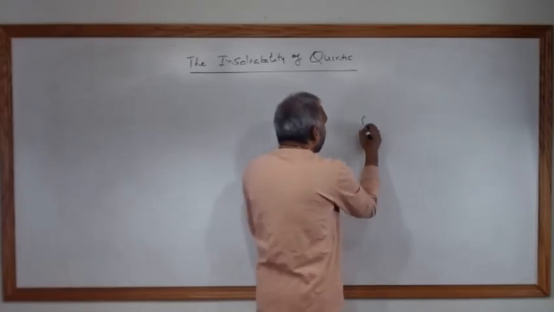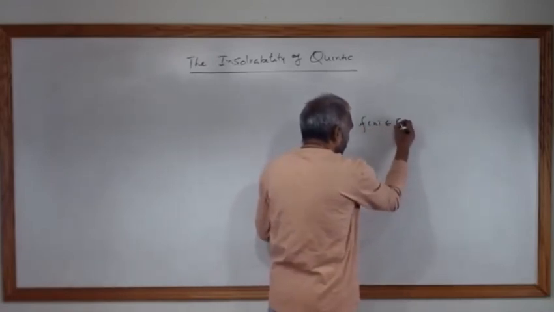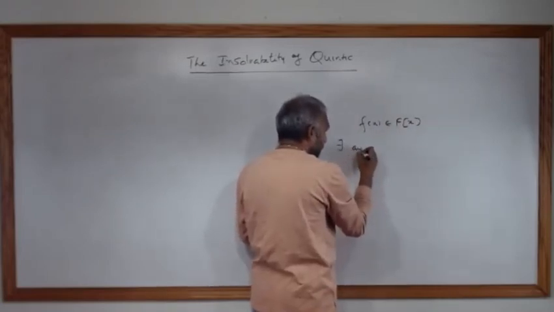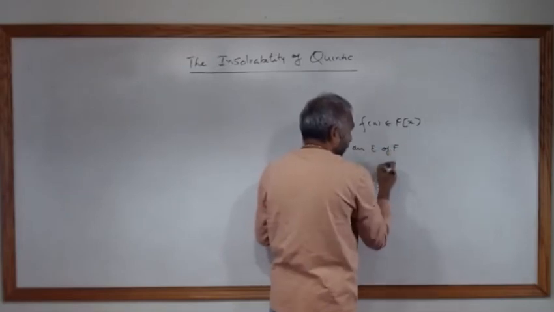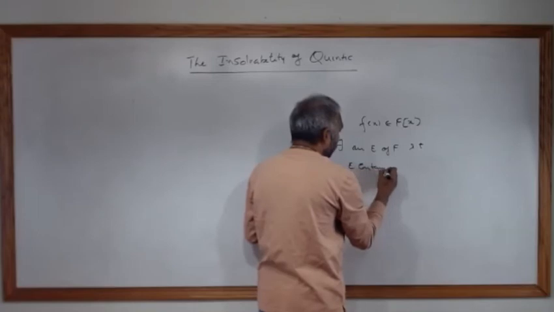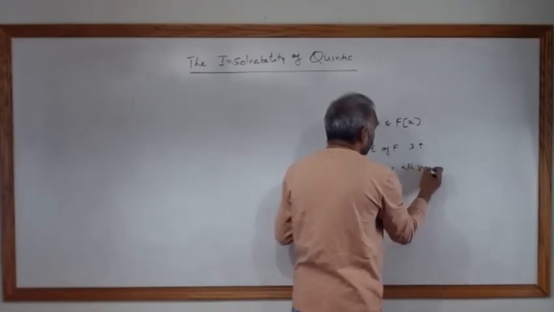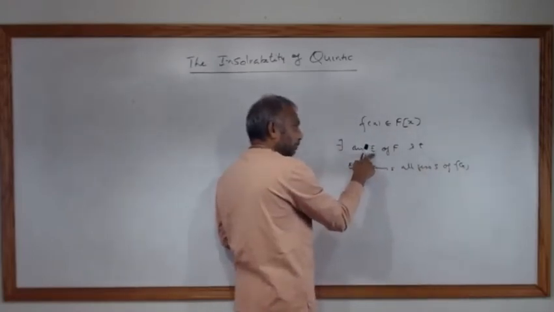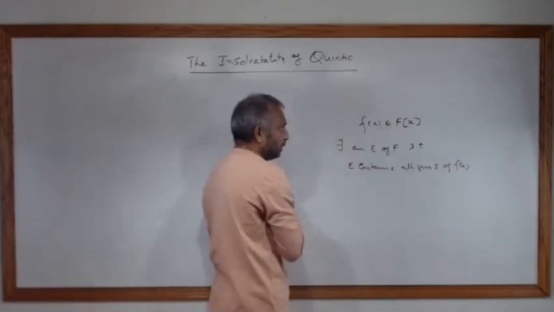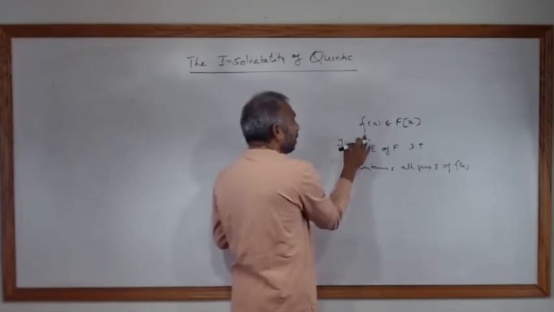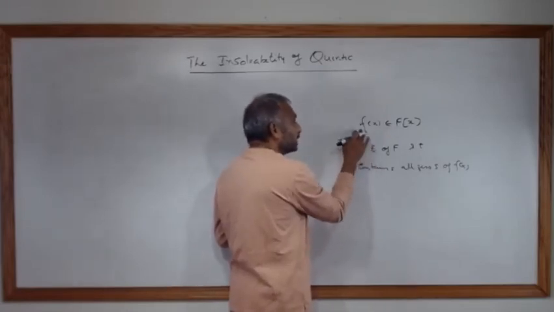We know that if f of x belongs to F[x], then there exists an extension E of F such that E contains all zeros of f of x, and the smallest such extension is called the splitting field of f of x. So definitely there is an extension, but what we are interested in is not any extension but extensions by radicals.